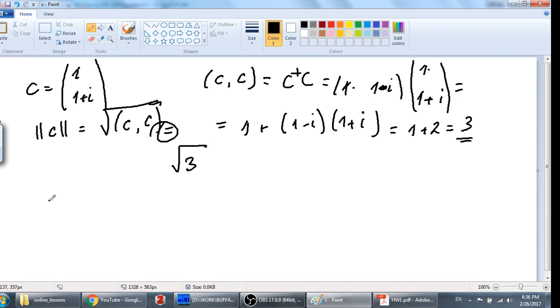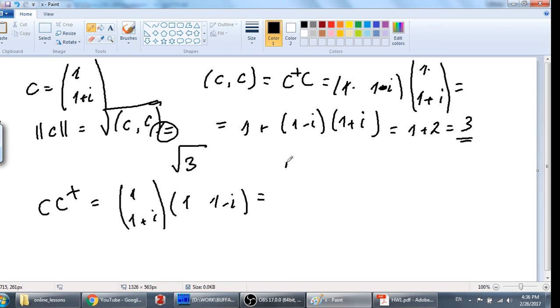Now, if you want to compute a density matrix, as it's described here, you do the opposite multiplication of the different structures. So you get 1 and 1 plus I, and you multiply it by this row 1 and 1 minus I. Now, when you use this sort of multiplication, you get a matrix composed of these elements.